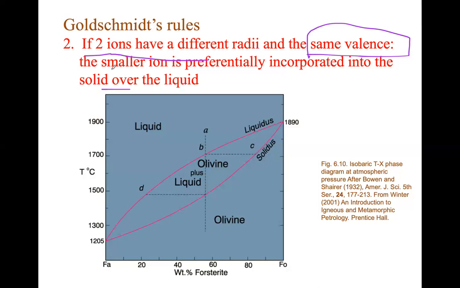So irrespective of that incompatibility or compatibility, if you have two ions with the same valency but different sizes, the small ion is preferentially incorporated into the solid. The small ion is preferentially partitioned into the solid phase compared to the liquid phase.